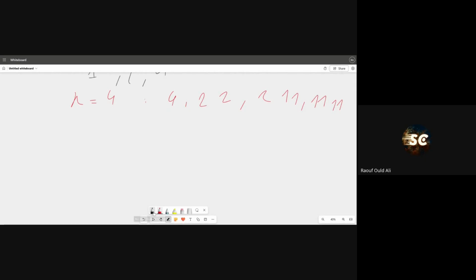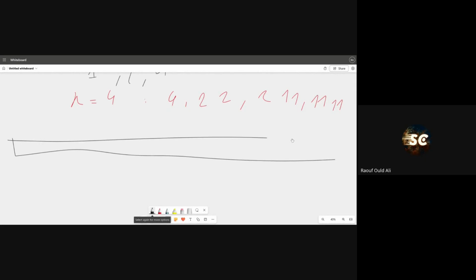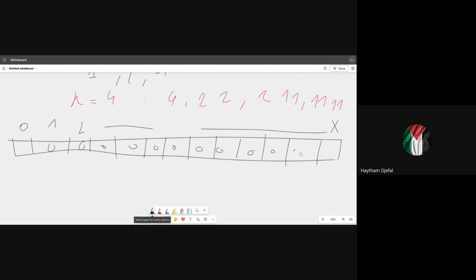Okay, so let me explain the approach. We'll make an array of indices 0, 1, 2, until x, and at the beginning, everything is equal to 0, except dp of 0, which is equal to 1.